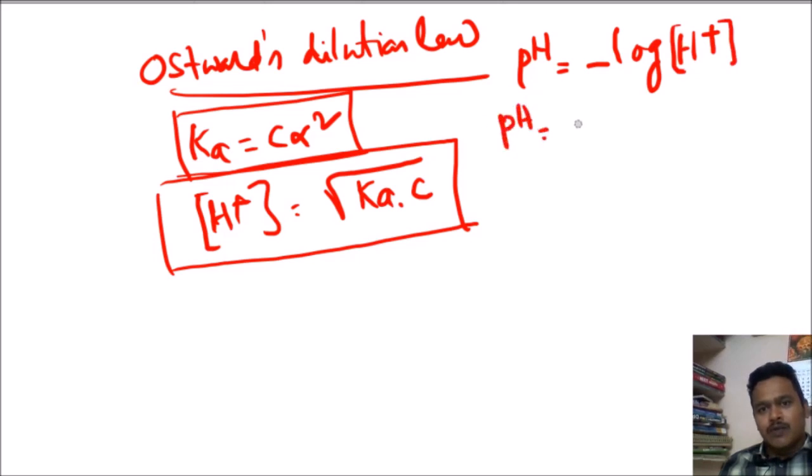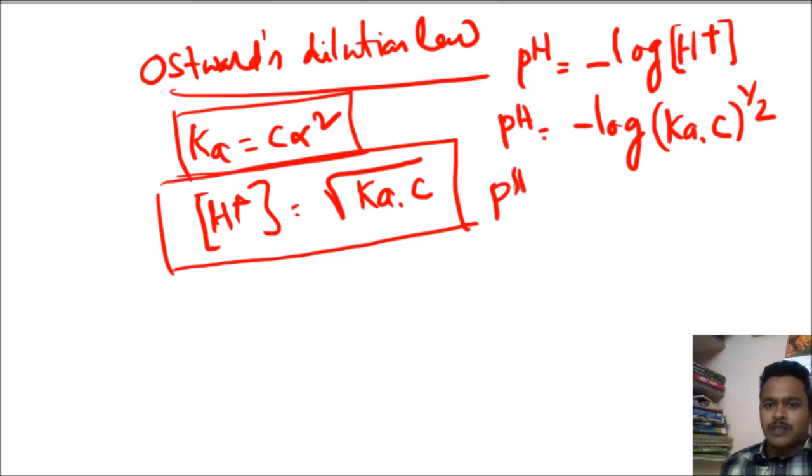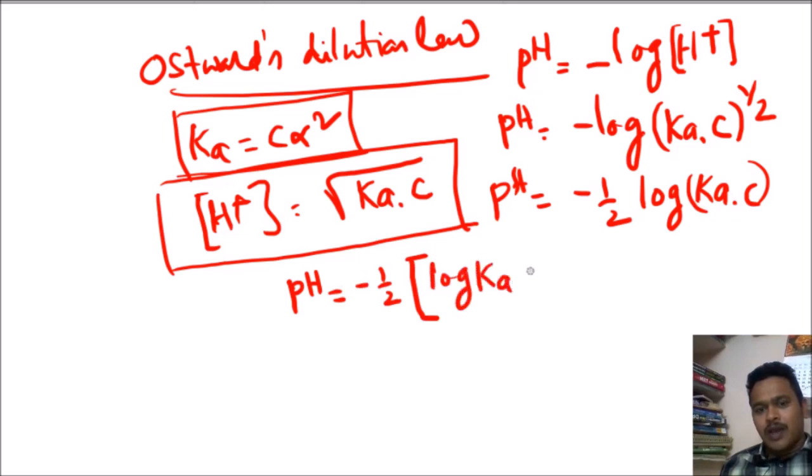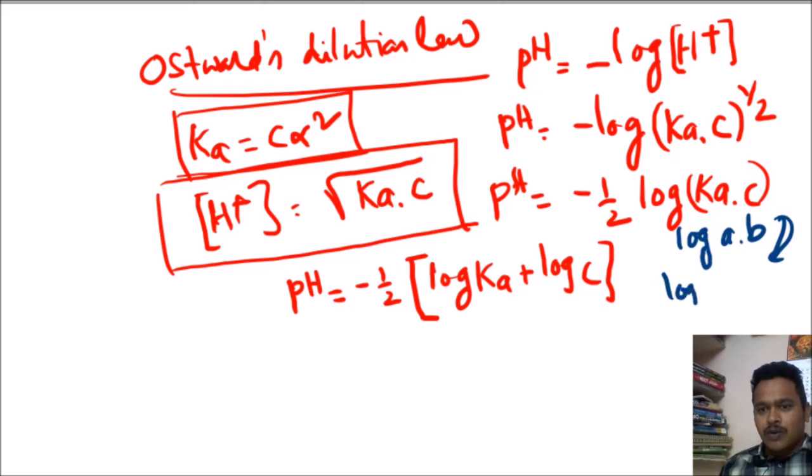Substituting root of Ka C, the square root I write as the power 1 by 2, so pH is equal to minus half log of Ka into C. Using the log AB format, log AB is equal to log A plus log B, so log KC means log Ka plus log C, with the minus half as it is.